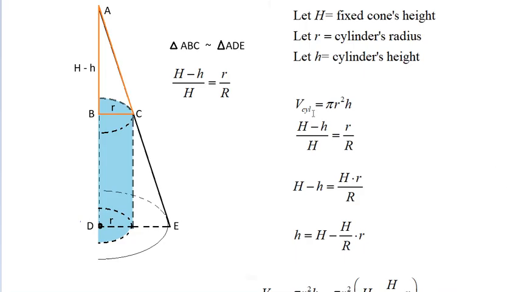The volume of the cylinder is pi r squared h, and we had this relationship from the two similar triangles.